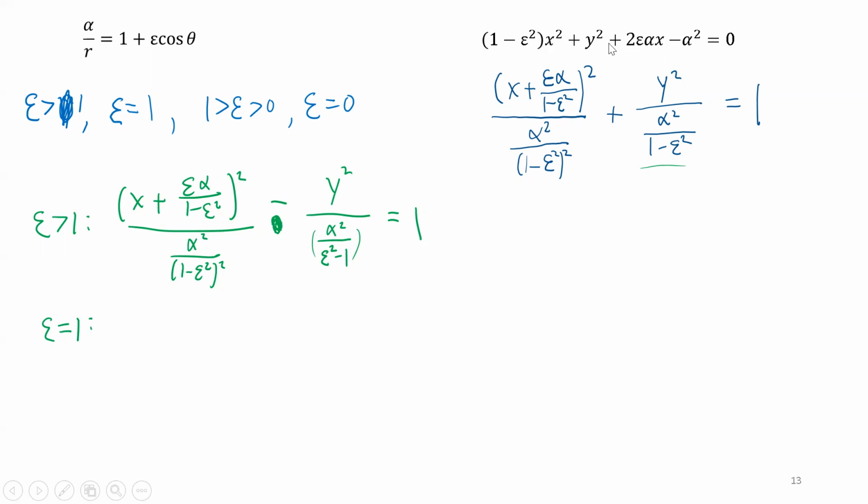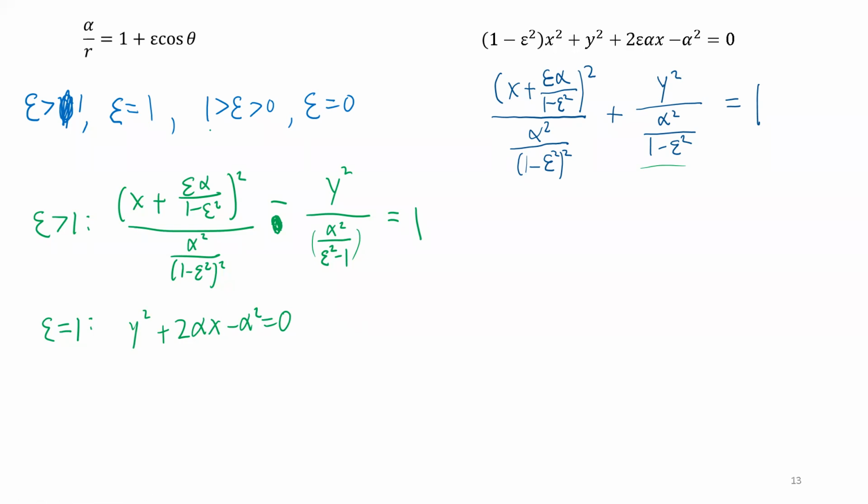So what I have is y squared plus 2 alpha x minus alpha squared equals 0, and this is clearly a parabola. But it's not open upward; it's open on the side. So it's not y equals x squared, that type, but instead y squared equals x plus something. So this is a parabola.